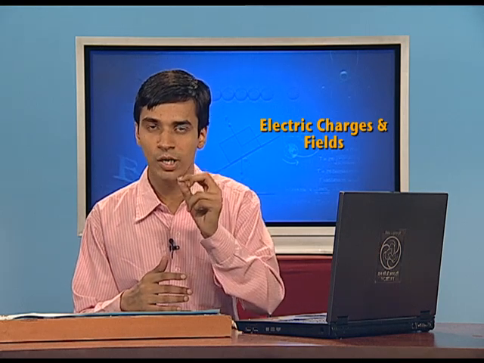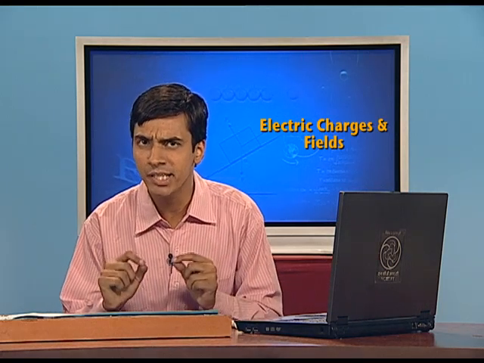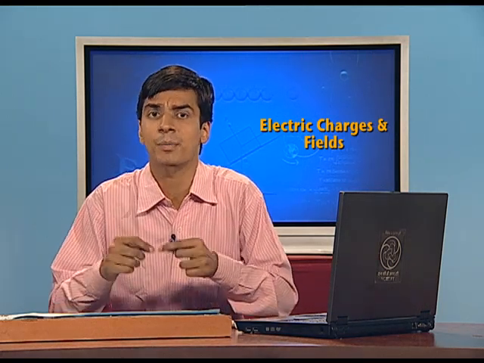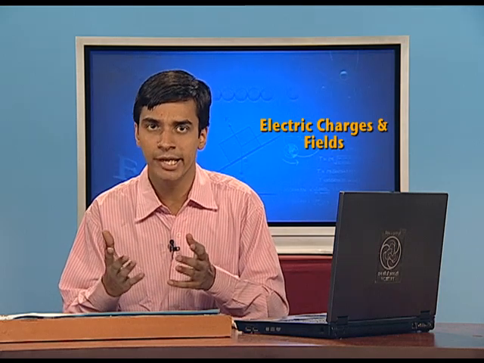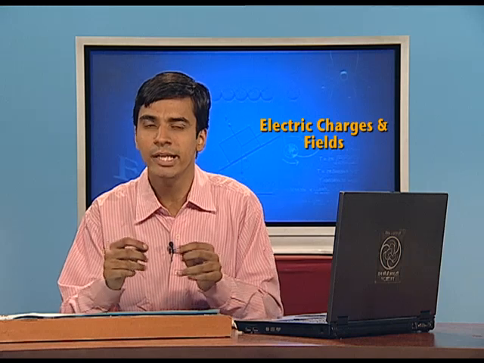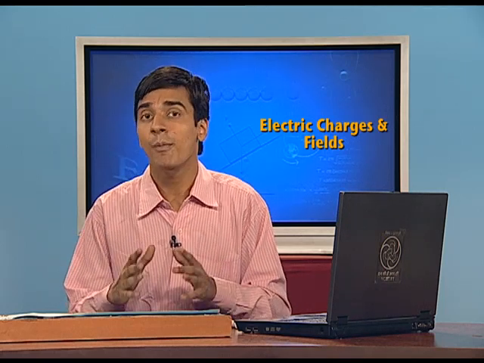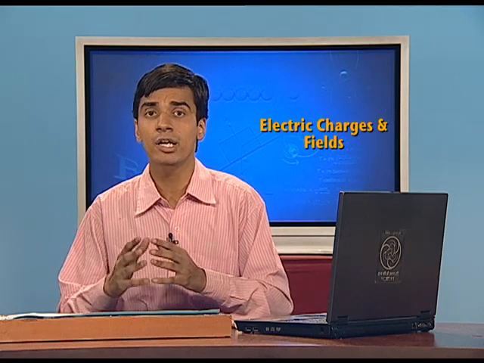Now, what we have considered here is a charge 1 and a charge 2. I knew about how they will interact with each other. If both of them are positive, they will repel; both negative, they will repel. If one is positive and the other negative, they will attract each other. But then we found out how Coulomb devised a method to know about the quantitative aspect of the force that one will act on the other charge.